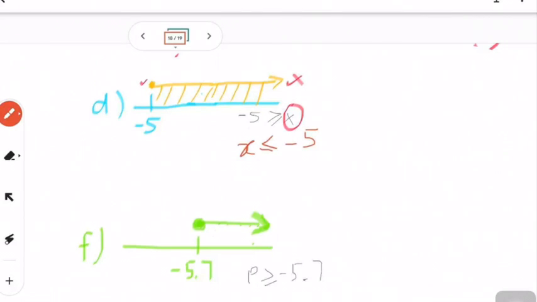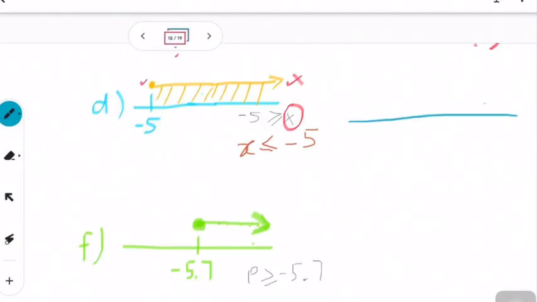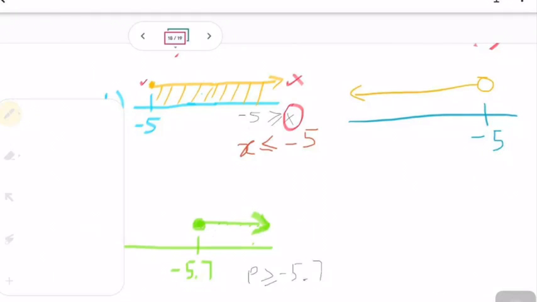Jadi less than negative 5 kat belah mana? Dah silap lah ni, bukan kat sebelah kanan. It should be sini, negative 5. Dia perlu ke kiri because it's less than, kan?